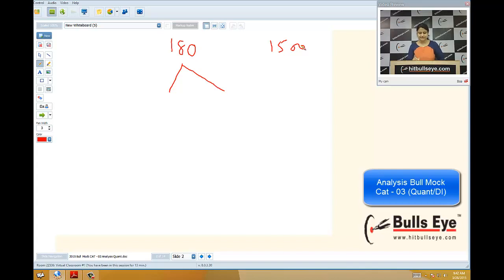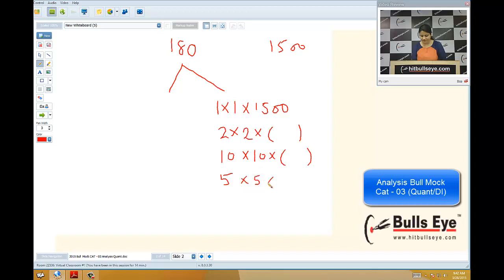But there are numerous cases such as 1 into 1 into 1500. Are you getting me, guys? 2 into 2 into the remaining thing. Then we have 10 into 10 into the remaining thing. Then we have 5 into 5 into the remaining thing. These are four cases in which two numbers are the same.